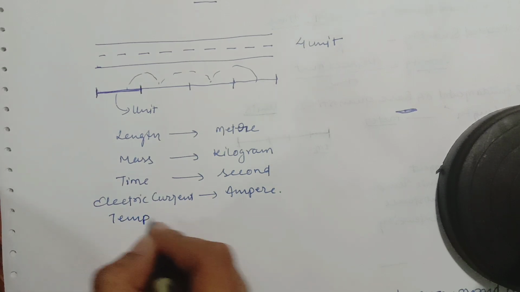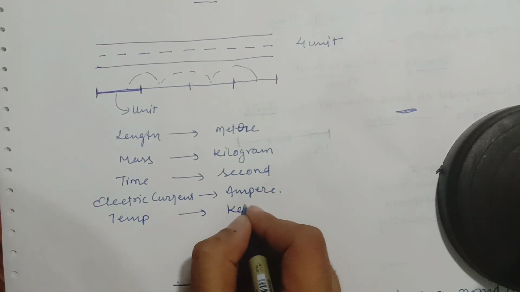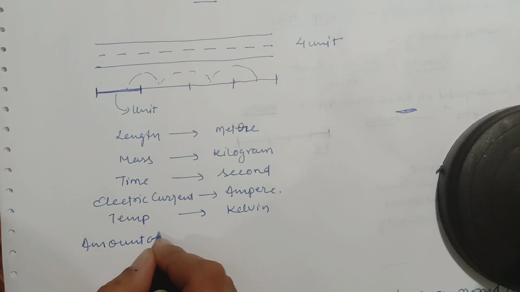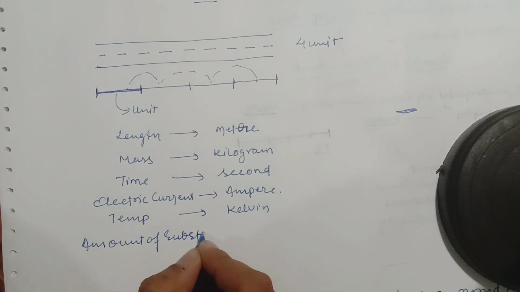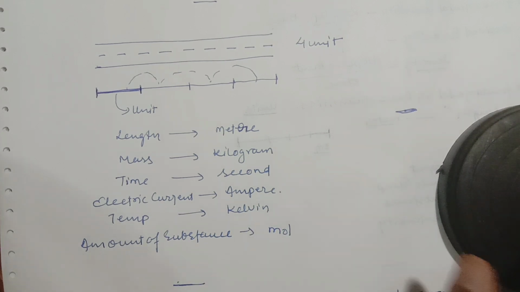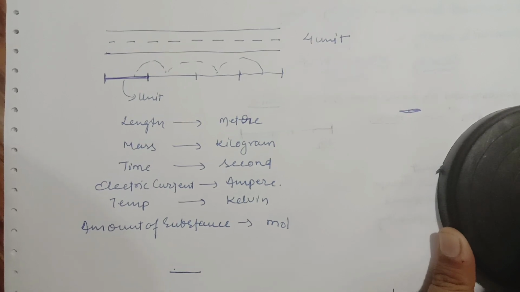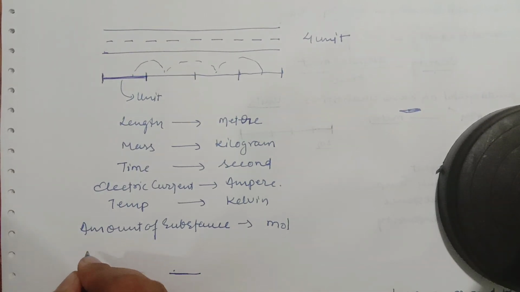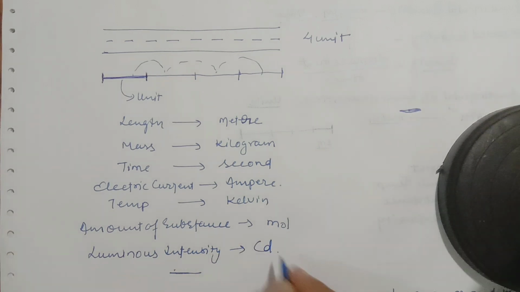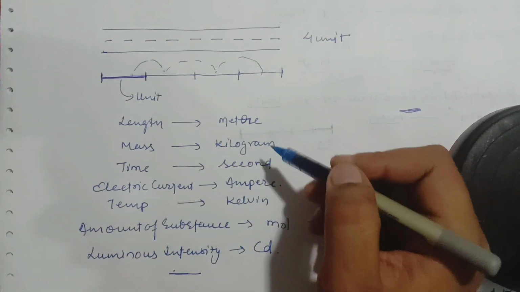The unit of temperature is Kelvin. The unit of amount of substance is mole. And in the last, the unit of luminous intensity is candela.